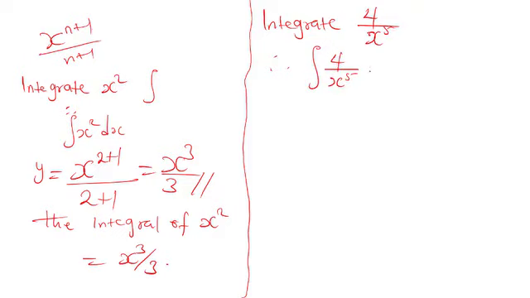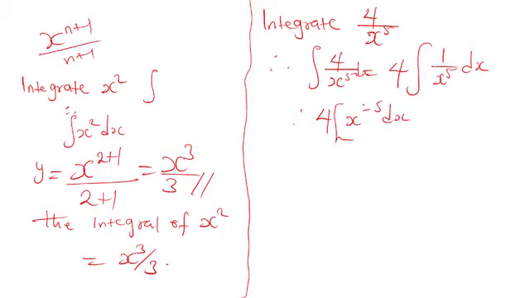Now, according to integration, one of the things you're supposed to do is take the constant term out. So this becomes 4 integral of 1 over x to the 5 with your dx. So it becomes 4 integral of x raised to the power minus 5 dx. That is what I just did.